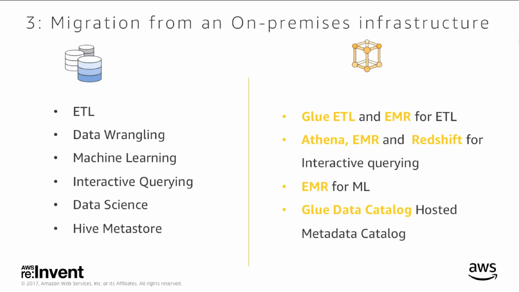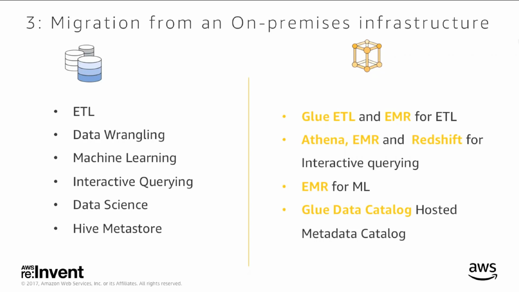So rather than having a Hadoop on-prem environment that does all of these things on the left, we now introduce a number of different tools that make the job easier. For ETL, we have Glue, which is a serverless ETL environment. But if you wanted more flexibility and more optimizations, you can use EMR to do the same kind of job, but have further control over the capabilities, the applications, and the optimizations that you can do to the infrastructure.